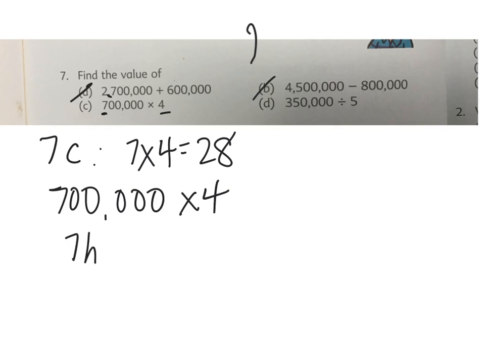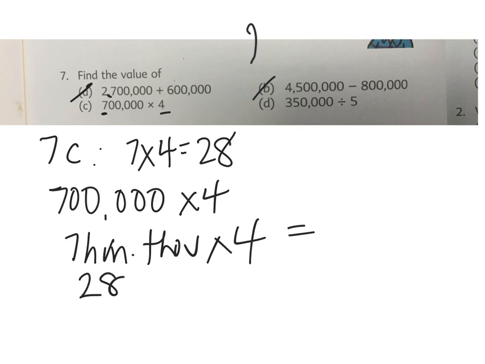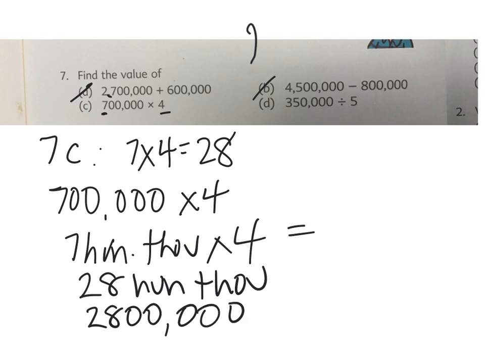So 700,000 times 4 is going to equal 28 hundred thousands, or 2,800,000. Now we know that 28 hundred thousands is the same as 2,800,000.